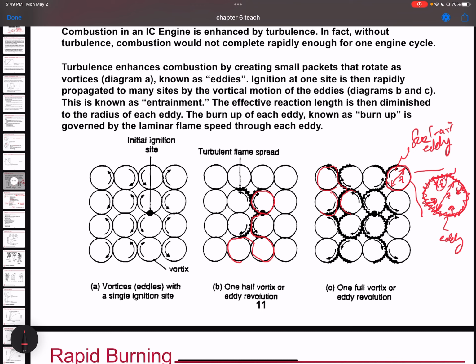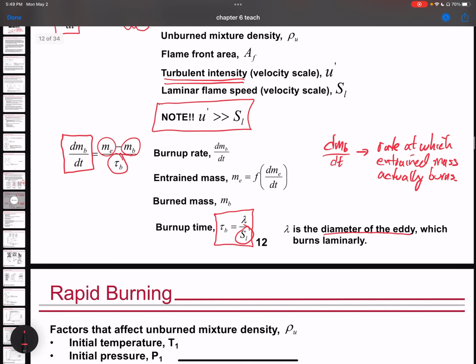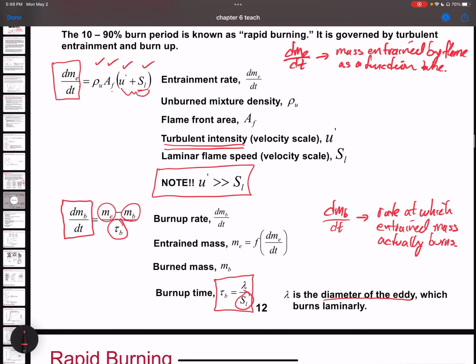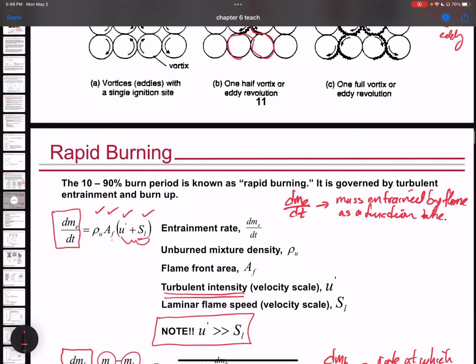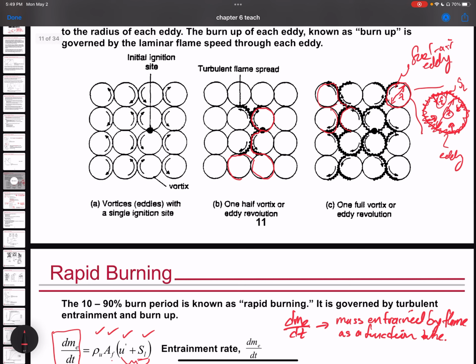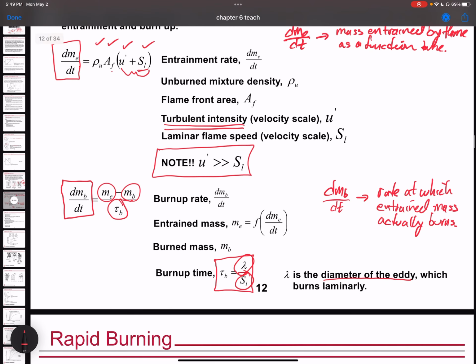This is S sub L here. And so that burn-up time, that tau b that we define here on slide 12, is that eddy diameter divided by the laminar flame speed of the mixture, which of course we've already previously diagnosed when we were talking about the flame initiation period.